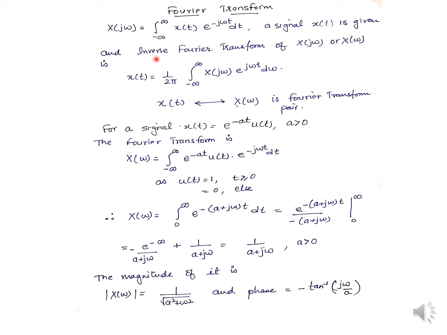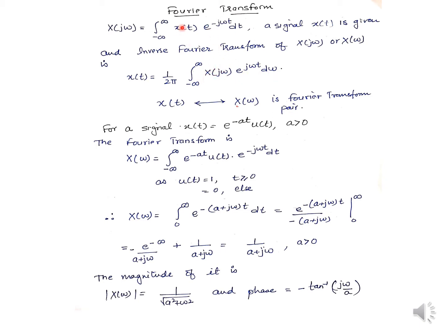And if the Fourier transform of a signal is given and you need to find the inverse Fourier transform, then inverse Fourier transform of X j omega or X omega is xt equals to 1 upon 2 pi. Again the limits are from minus infinite to infinite, but here we are going to use capital X omega or j omega instead of small x of t, and e raised to the power plus j omega t, and we are integrating it with respect to omega.